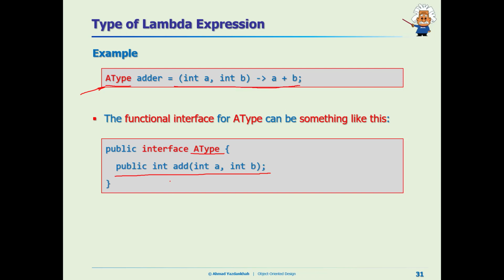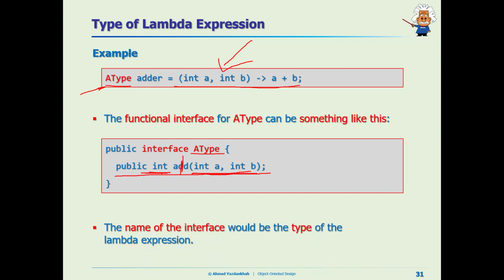We don't care about the name, but the arguments should be the same and the return value should be the same. So it is more than the signature. Actually, we cannot say signature because the name is important in the signature. But let me summarize what I said. The functional interface for our example should have the same arguments and the same return value. All right. Okay.